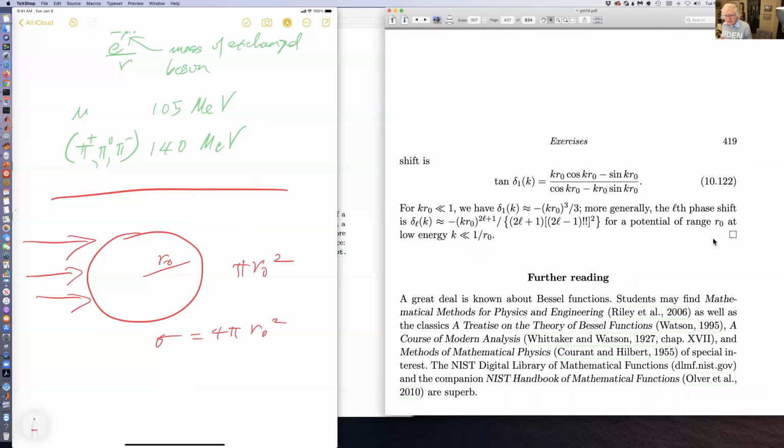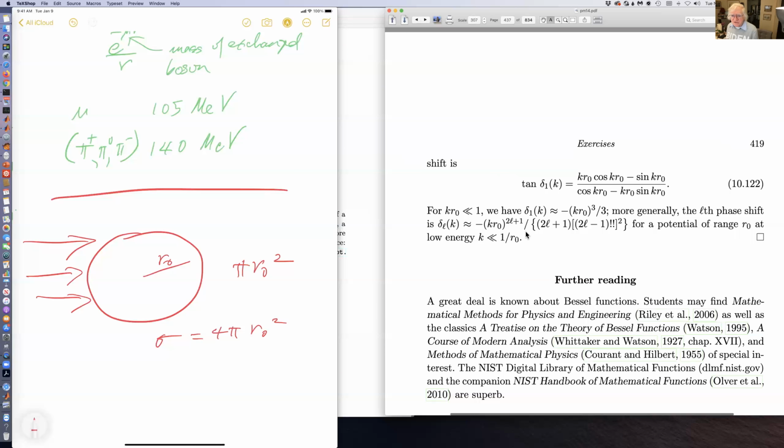So if the potential is of short range, then at low energy, namely k less than 1 over r0 in natural units, the phase shift is given by this expression, and we see that it gets smaller and smaller. If kr0 is small, in other words r0 is small at low energy, the phase shift is very small, because the phase shift for high L is very small.